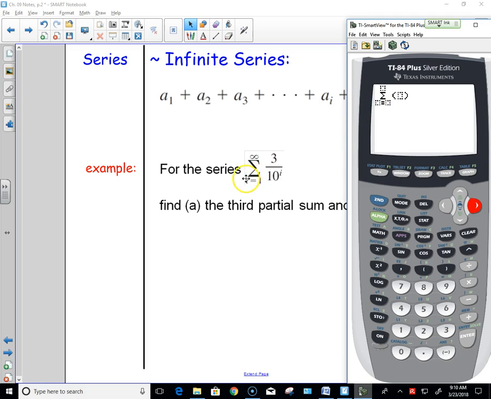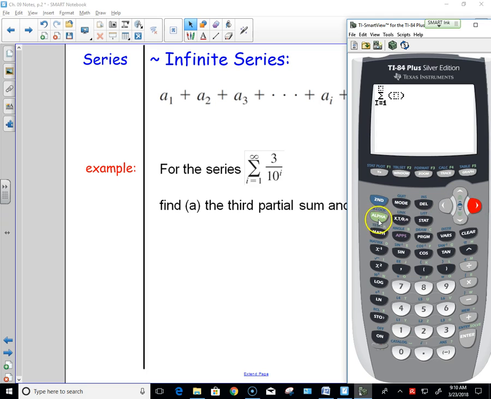First of all, what did you guys use for this little I? Capital I? Okay. So alpha, where is capital I? Sorry, the little x squared? Okay. So I is equal to, put it over here.